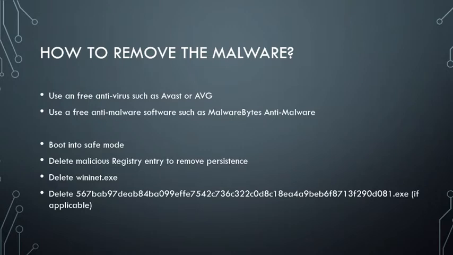Malicious registry entries such as the one that calls out from the command. We could delete wininet.exe from the system32 folder, or delete the program that we have run by mistake and haven't deleted.